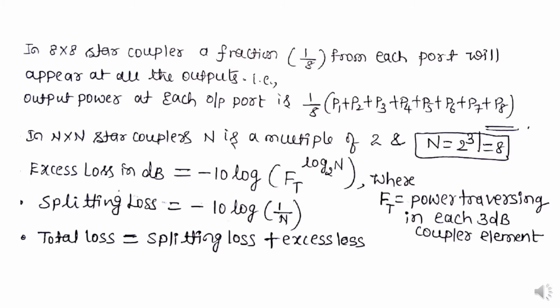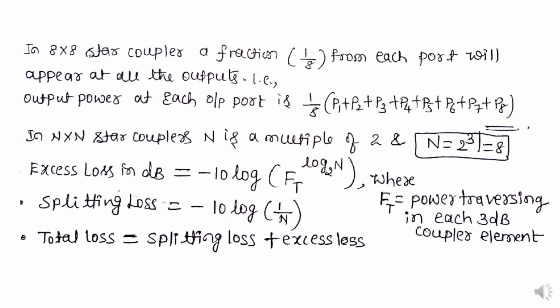Suppose we are considering n cross n star couplers, so n is a multiple of 2. So n is equal to 2 power 3. Here it is a case of 8 cross 8. So it will be 2 power 3, and that 3 represents the number of stages. So the loss observed in the entire 8x8 star coupler setup, or n cross n coupler setup, is given by excess loss in dB, that is minus 10 log of Ft power log n.